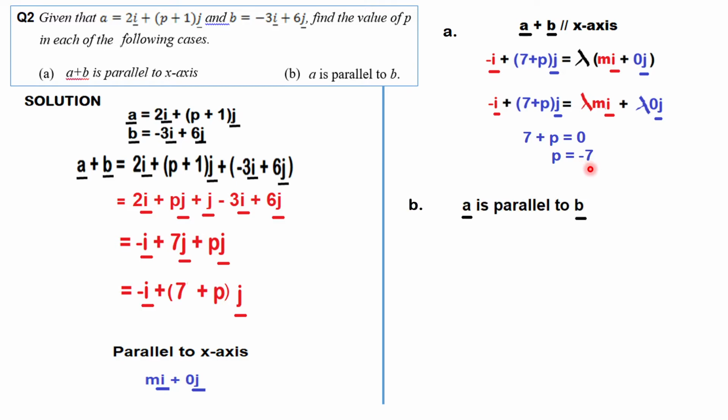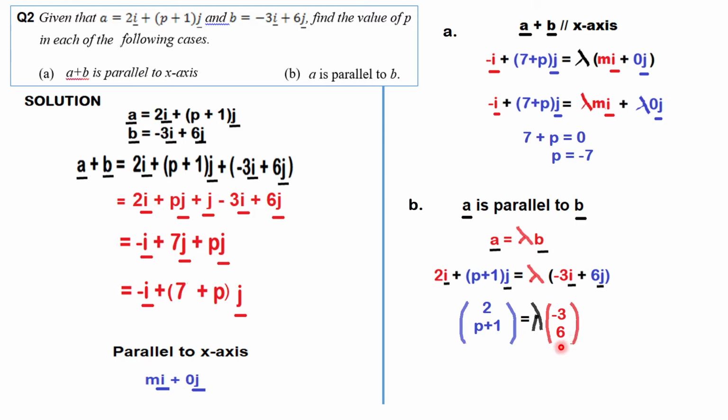For the second case, given vector A is parallel to vector B, same thing, you form the equation and use the constant lambda. So substitute vector A and vector B times in the lambda. Now here I change the form.